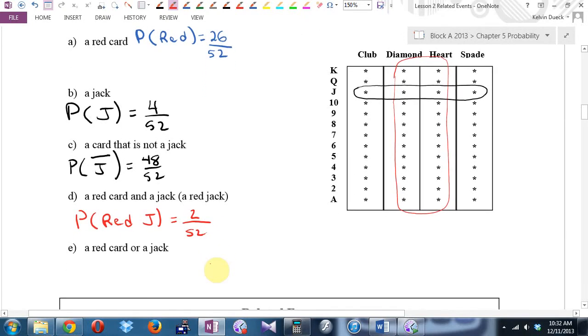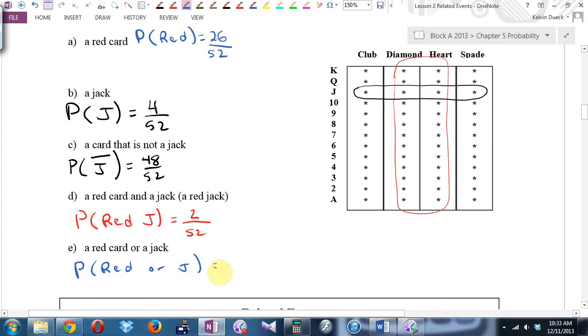The trickier one is E, because the word or means something different than in English. Emma, can you read E to me, please? A red card or a jack. What's the probability of getting a red or a jack? Now, here's the problem.